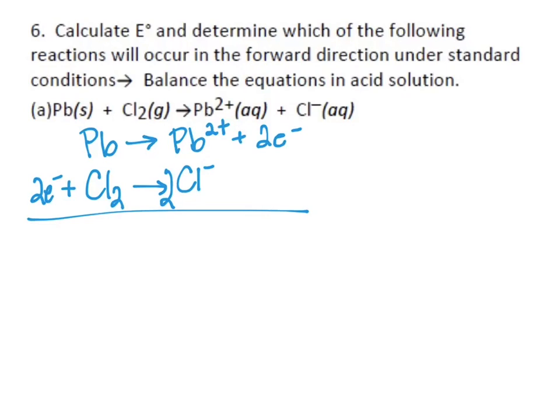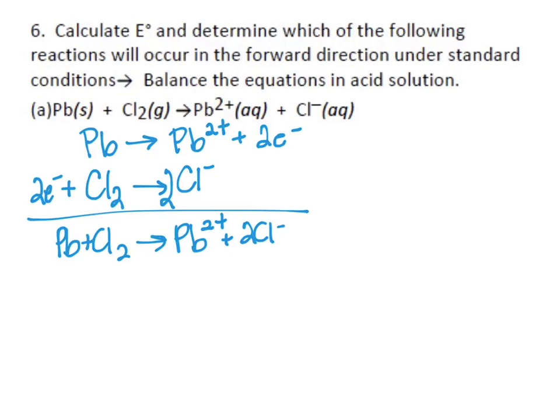It's -2 and it's -2. The lead's 0, the other one's a 0. You even them out so that they need to be the same charge. Okay. So we end up with Pb plus Cl2 produces Pb2+ plus 2Cl minus.